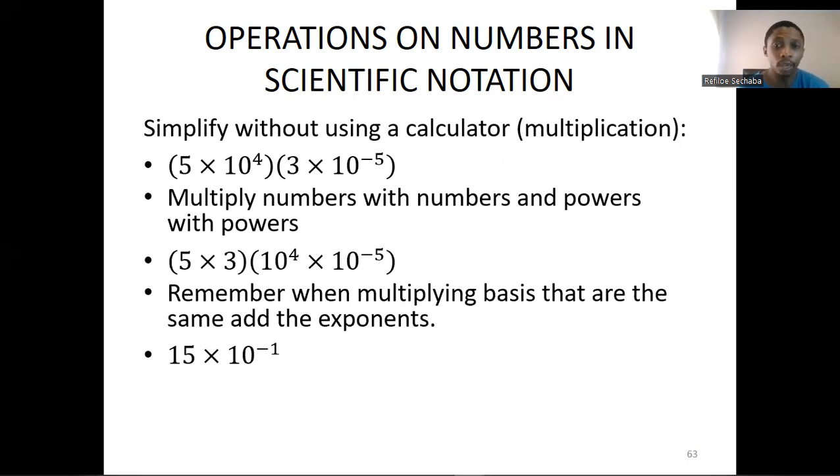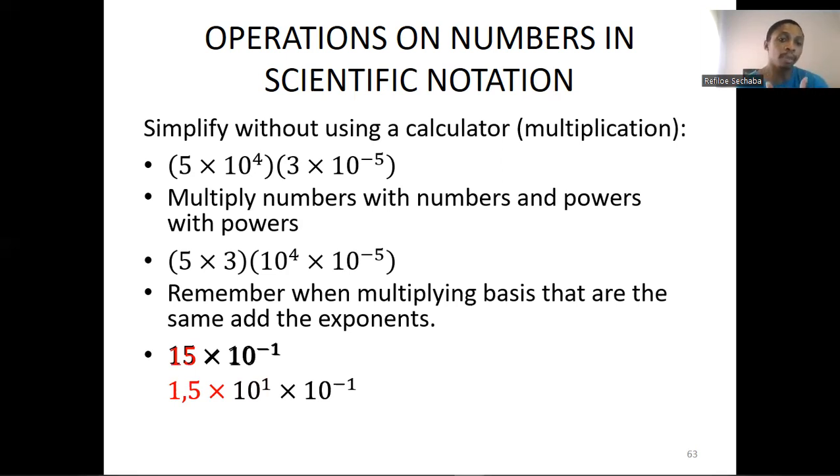But note that 15, I'm highlighting it in red. To write that 15 in scientific notation, it means that I need to have one number before the comma. So that red one, when I reduce it, it'll simply be 1,5 times 10 to the exponent of 1. And then, once you expanded that 15, which is 1,5 times 10 to the exponent of 1, you now need to multiply them. So I've got 10 to the exponent of 1 times 10 to the exponent of -1.